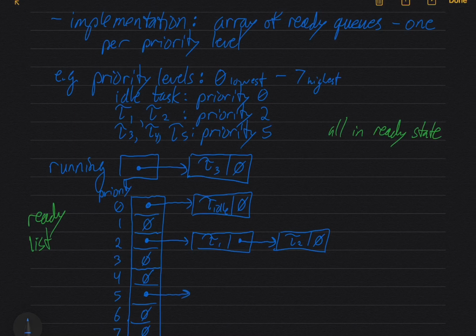Priority level 5, task 3 is running, so it's not going to be in the ready list because state is running, not ready. But we will have task 4 and task 5. And that's the end of that list.